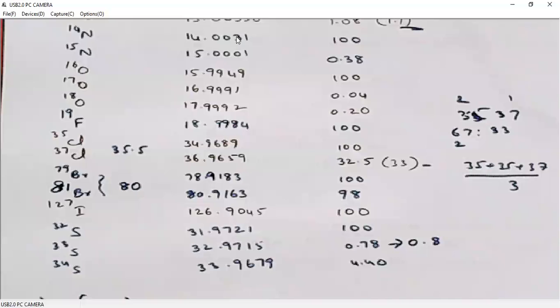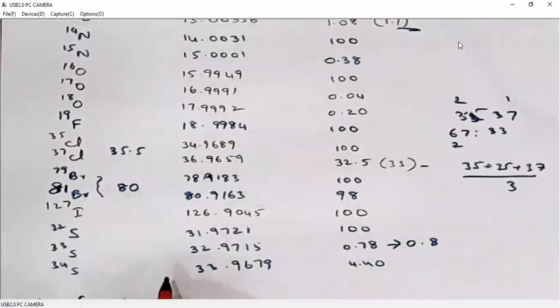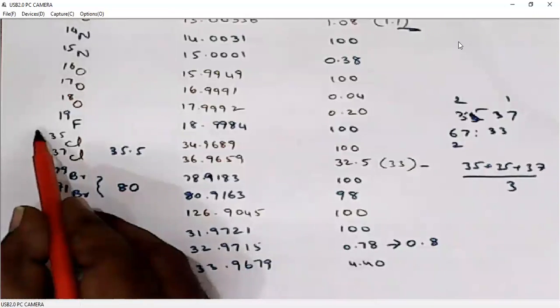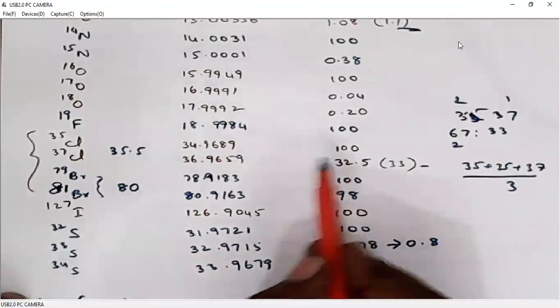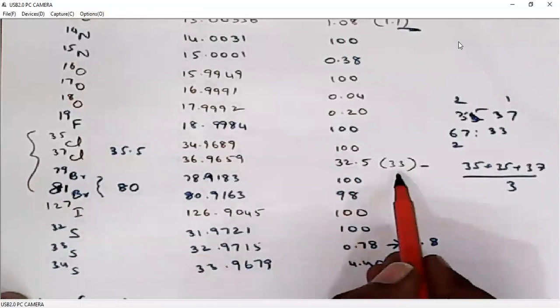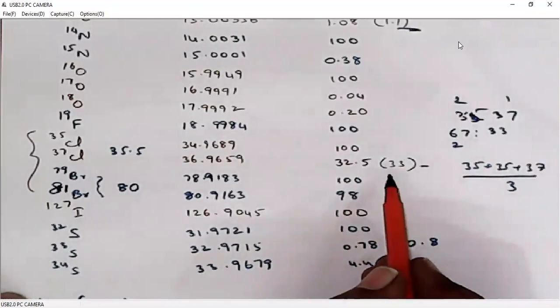Now we will discuss the next important concept. For this, we need to remember these values for chlorine and bromine. Chlorine 35 isotope is 100% available, whereas chlorine 37 isotope is 33% available.